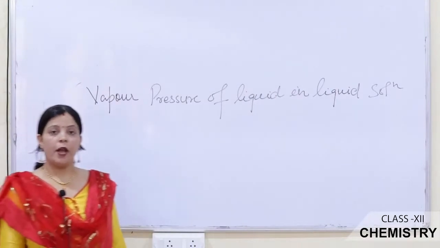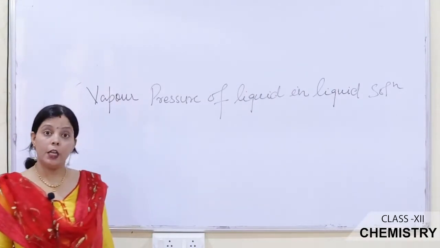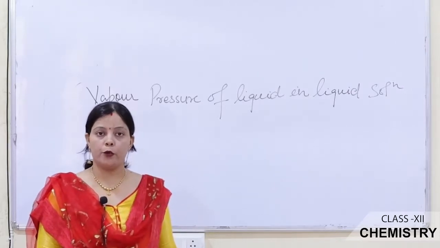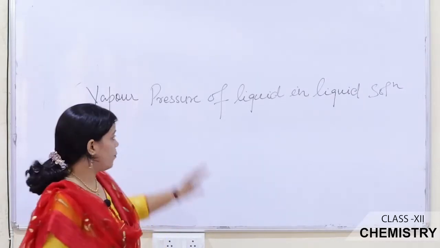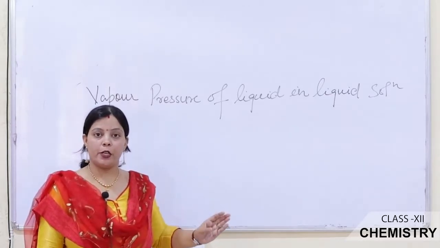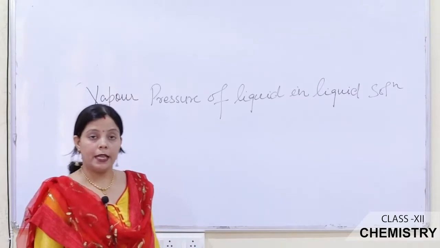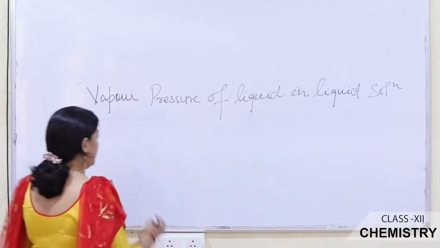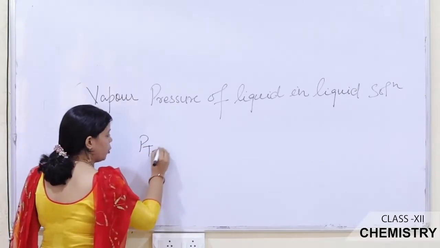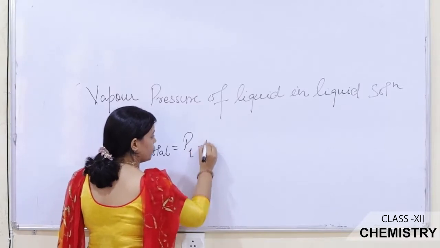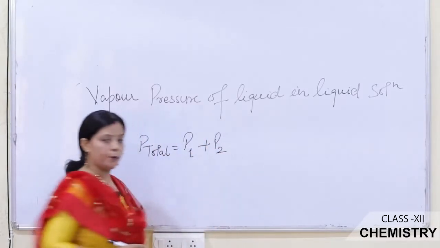Next is the vapor pressure of a liquid in liquid solution. When two miscible volatile liquids are mixed together to form a solution, the vapor pressure of the solution is the sum of the vapor pressures of the individual components, in accordance with Dalton's law of partial pressure, that is, P total. The total vapor pressure is equal to the vapor pressure due to component 1 plus the vapor pressure due to component 2.